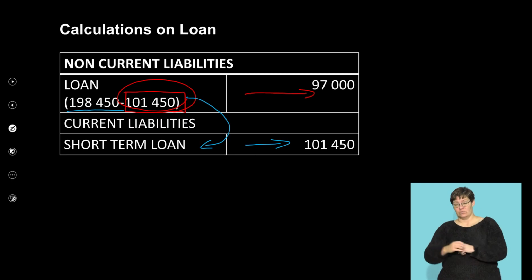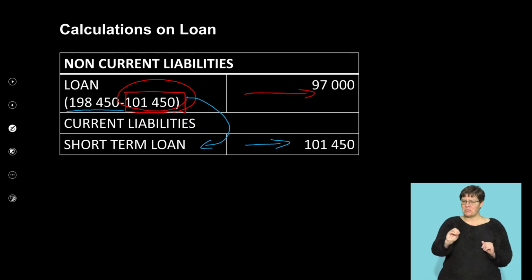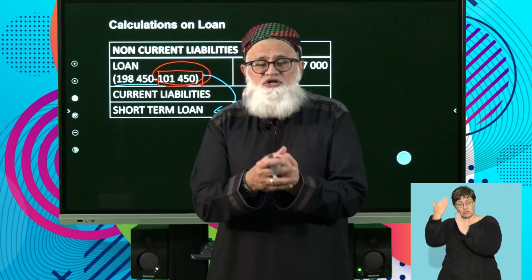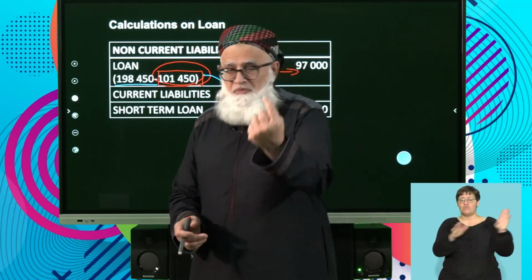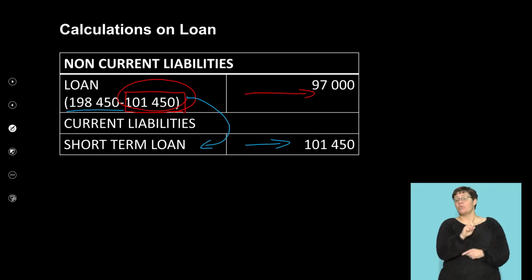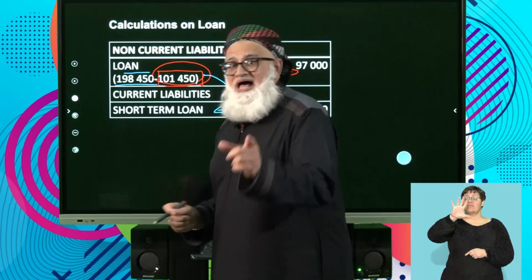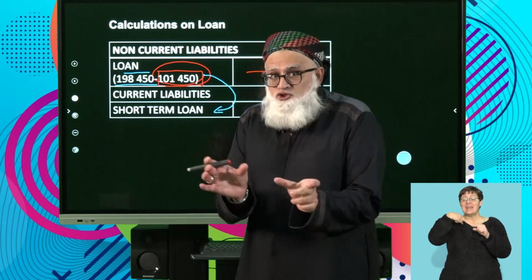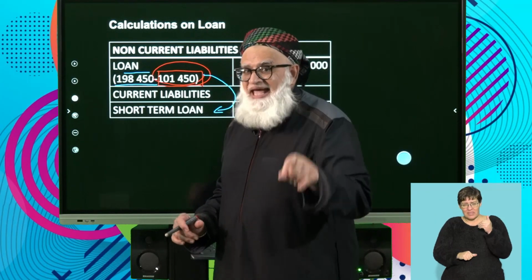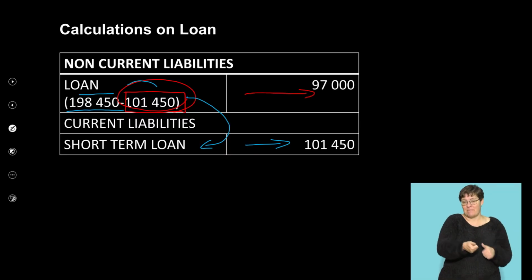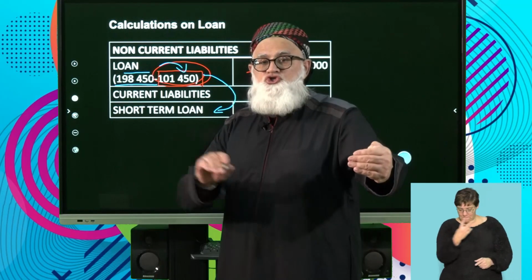What are you doing here? You're explaining to the reader of the balance sheet that yes, we've got a non-current liability. The amount is 198,450, but in next year, within 12 months, you'll have to make a repayment of 101,450. And that then moves from being your non-current liability to your short-term loan.